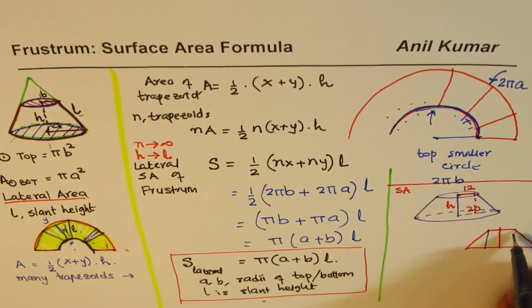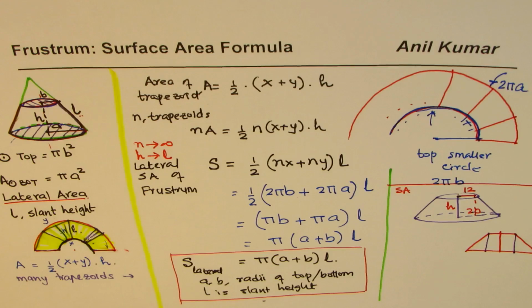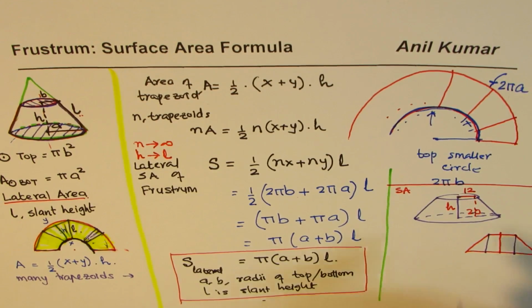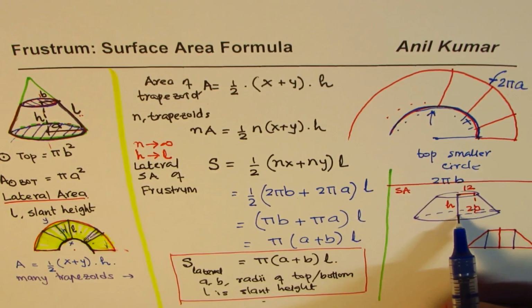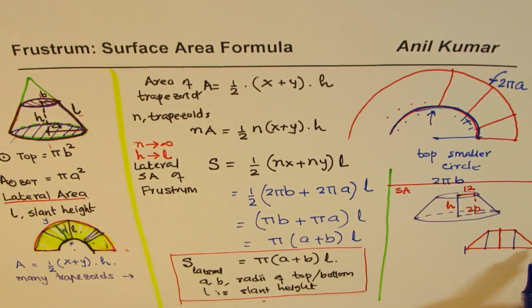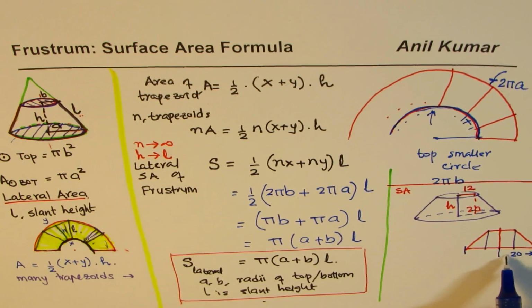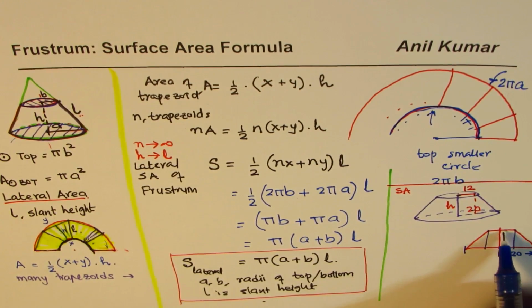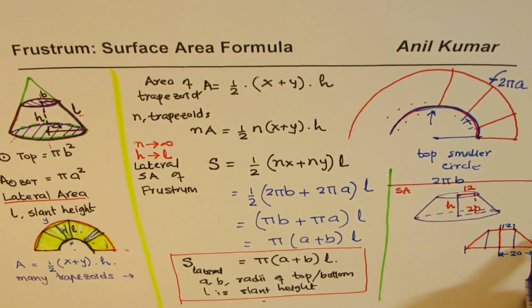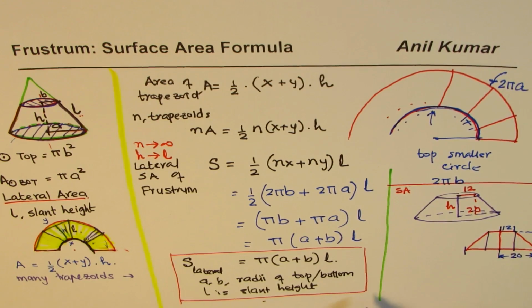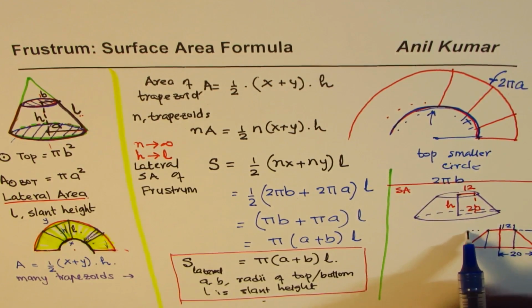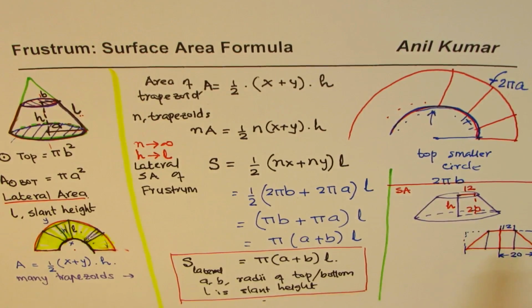So let me just make two more lines here so that we can write exactly what we have. We are saying this radius is 20. That means this is 20. Is it okay? And we are saying that this portion is 12. Then if I extend this, or I can do it like this also, doesn't matter, same thing, right?